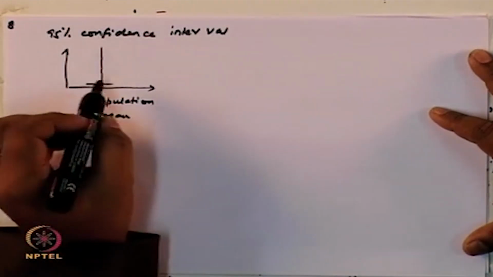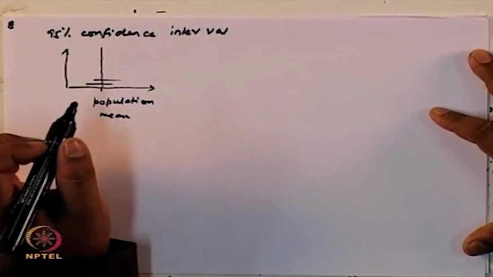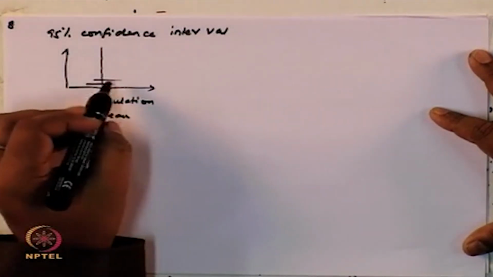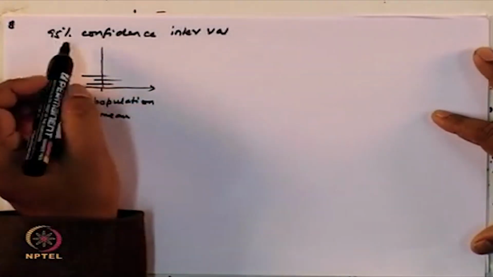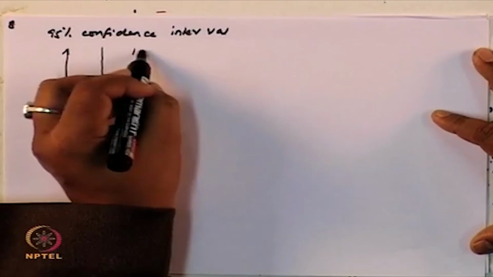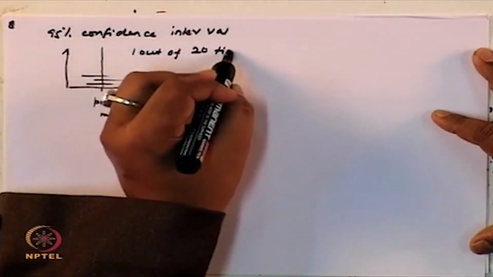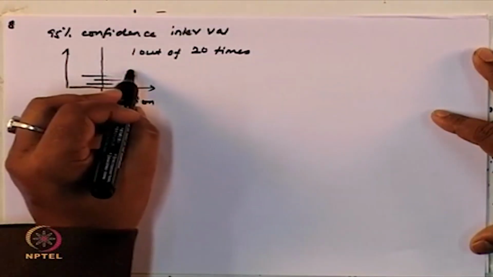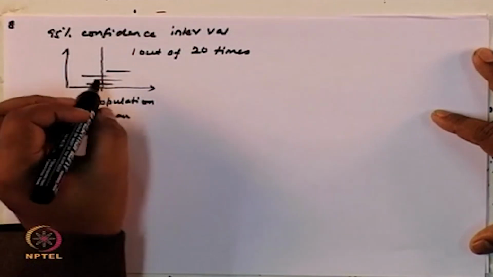Similarly, another time you found a range somewhere like this, and so on. Only 95% means only once out of 20 times you will probably get an interval like this, which does not contain the population mean.